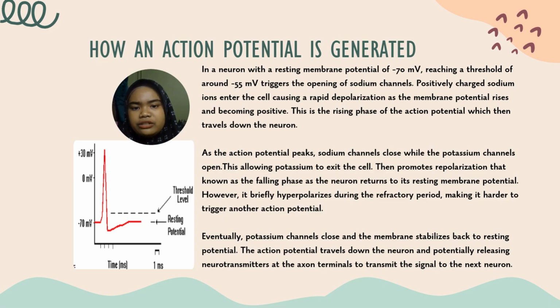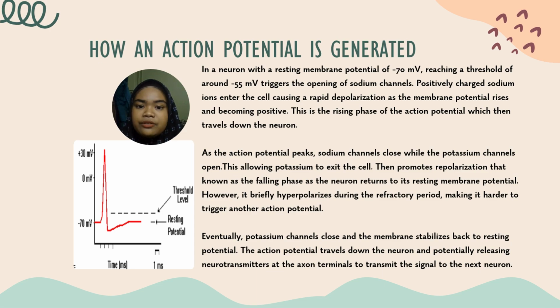This is the rising phase of the action potential, which then travels down the neuron. Next, as the action potential peaks, sodium channels close while the potassium channels open. This allows potassium to exit the cell, which promotes repolarization, known as the falling phase, as the neuron returns to its resting membrane potential.